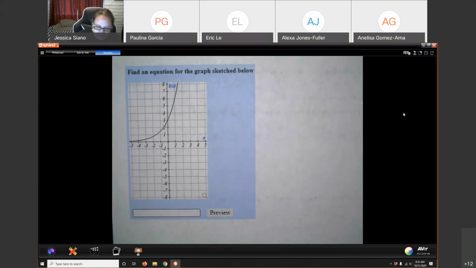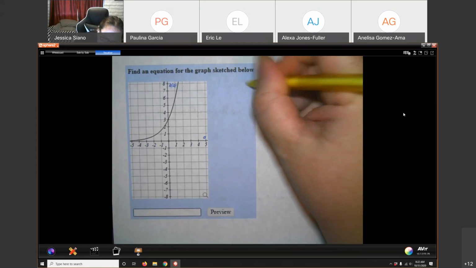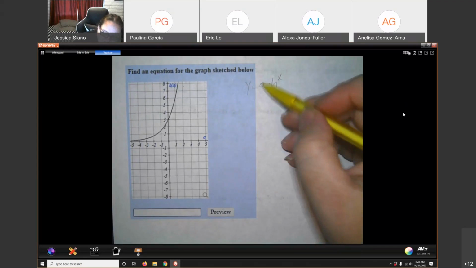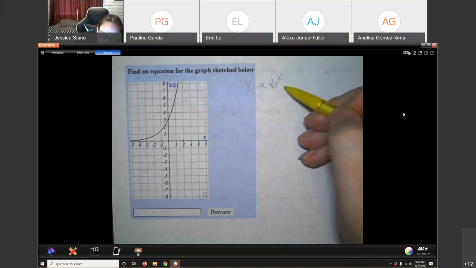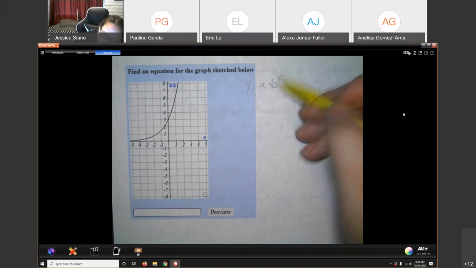All right, so I'll do this one both ways for you just because. So here we know that when we have y equals a times b to the x, a is my multiplier, b is my base. So here's what I want you to keep in mind. If you put a 0 in for x, then it doesn't matter what b is because anything to the 0 is 1, right?